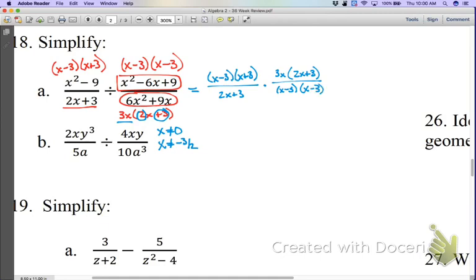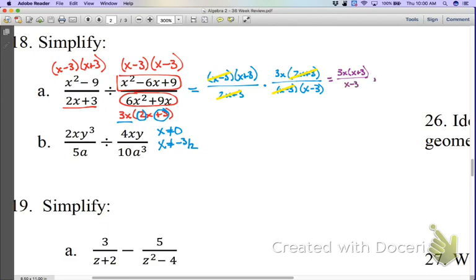So from here, now it just becomes getting rid of what's the same. I have an x minus 3, I have an x minus 3. I have a 2x plus 3, and I have a 2x plus 3. So the only thing left on top is then 3x times x plus 3, all over x minus 3.